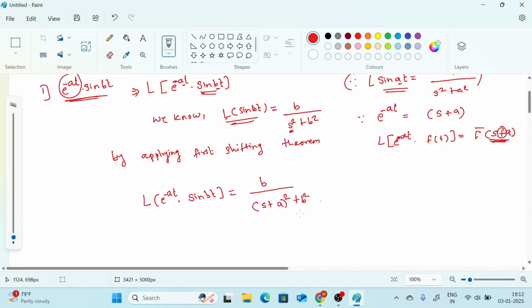That's it. And this is the answer of your function. The Laplace of e raised to minus at sin bt will be b upon s plus a bracket square plus b square.